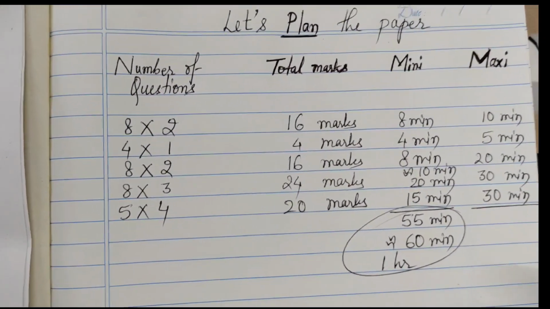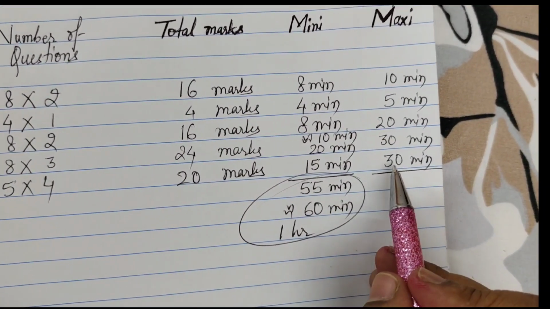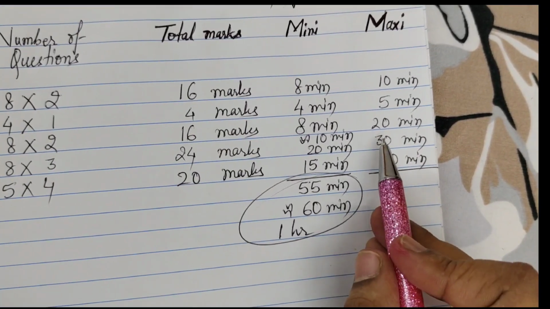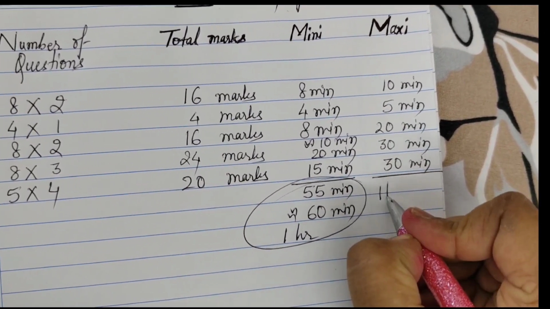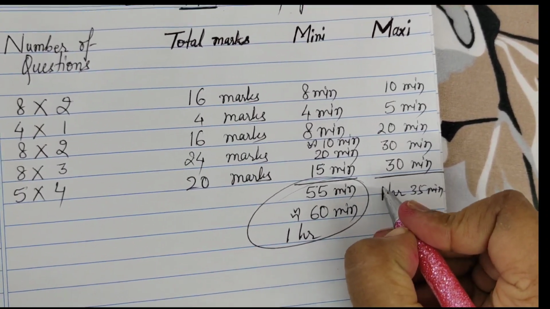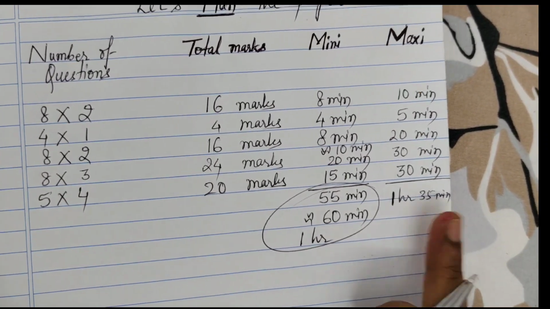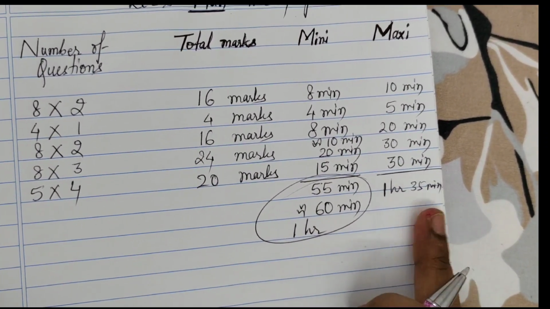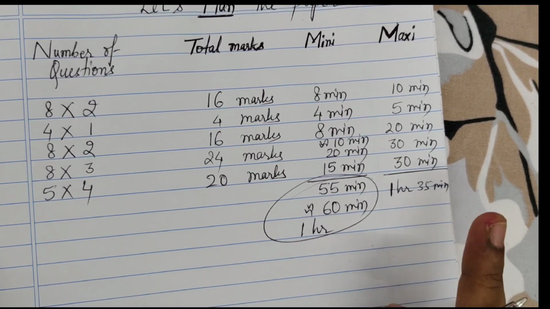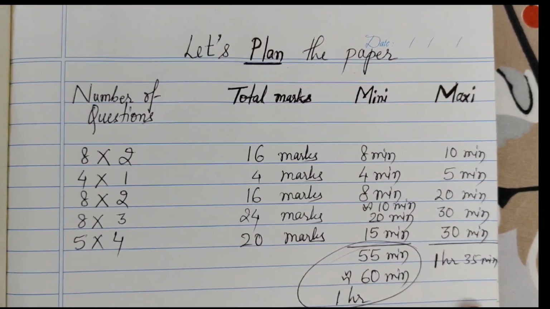Sometimes there are hot questions, and the maximum time taken by the student will be definitely 30 minutes more, meaning 1 hour 35 minutes. Still, you can see, if the paper is for 3 hours, definitely 1 hour 25 minutes is left for you to solve those unsolved questions. So practice accordingly and see, you will score more.